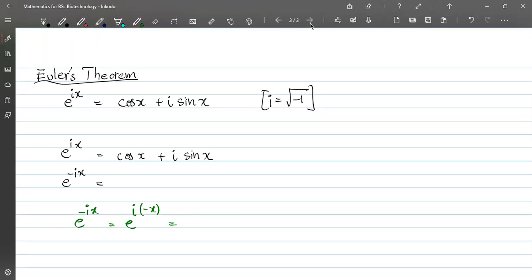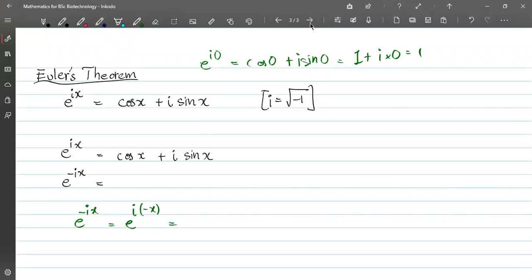As you know, cos 0 is 1, sin 0 is 0. So, just as an example, e to the power of i times 0 is cos 0 plus i sin 0, which is 1 plus i times 0, which is 1.